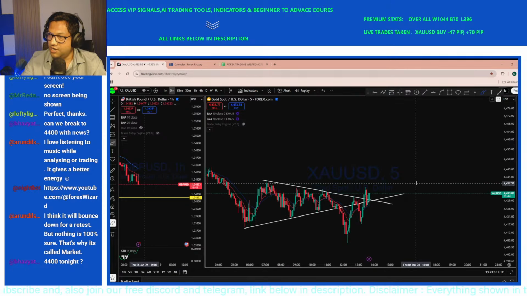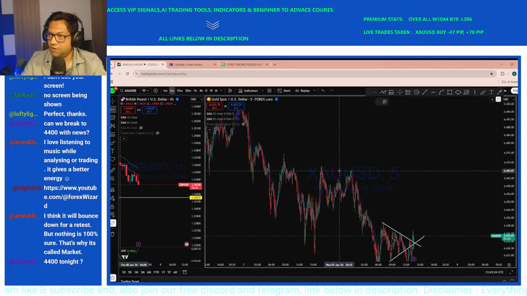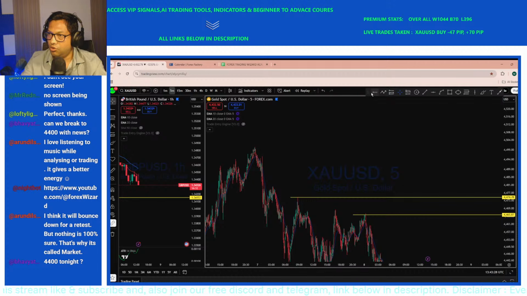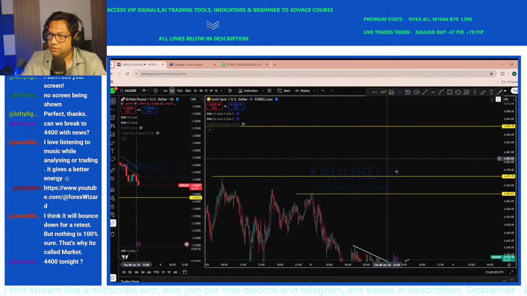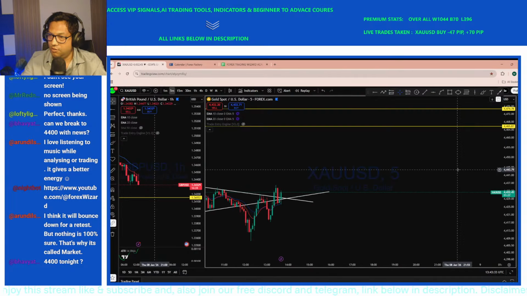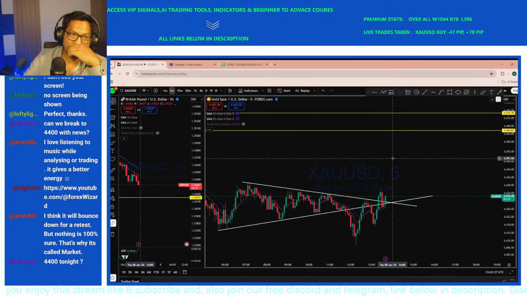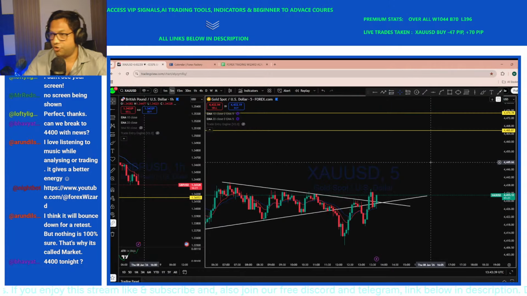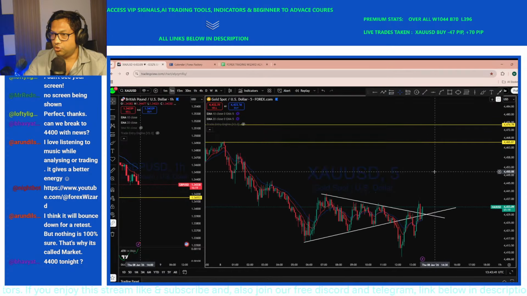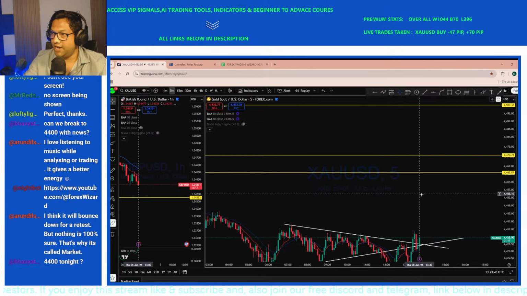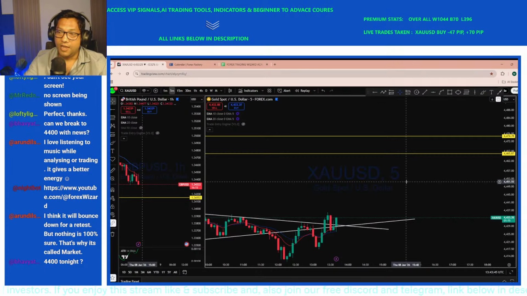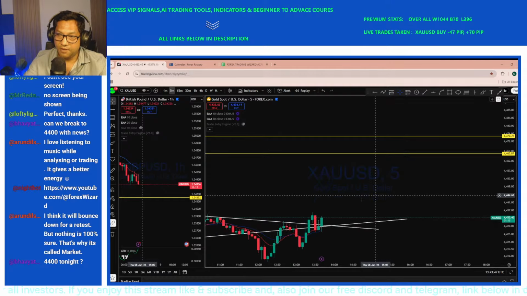You can see this is a higher area of value, and that's where we're looking for the market to break that high. If the market started its uptrend, there is a possibility that we might see 4465 and even break above that higher in this market.